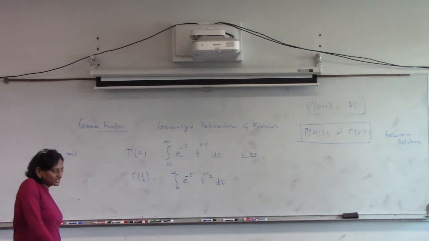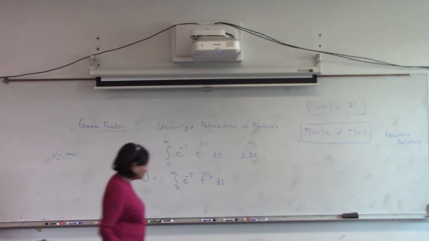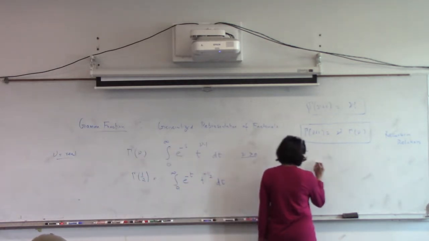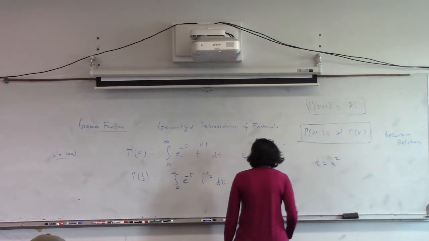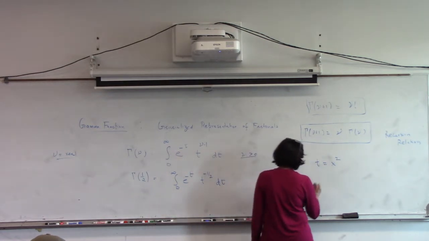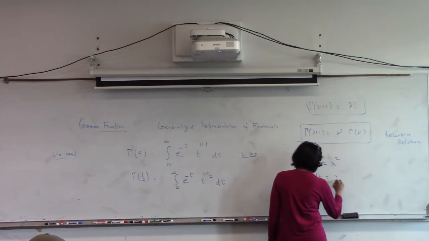Just substitution, let's try. Let's see where we go. Let's put t equal to x squared, something like that. Then I have dt is 2x dx.